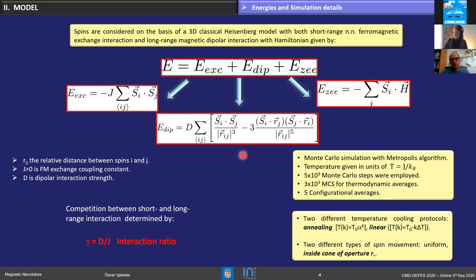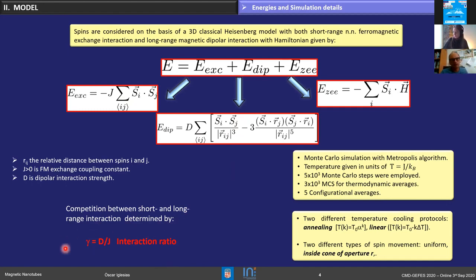These spins can be thought of as atomic spins, in the sense that you may roll a continuous thin film to form the tube, or you can think that these spins represent giant spins associated to a macromolecule or a nanoparticle that has been deposited on the surface of a cylinder.